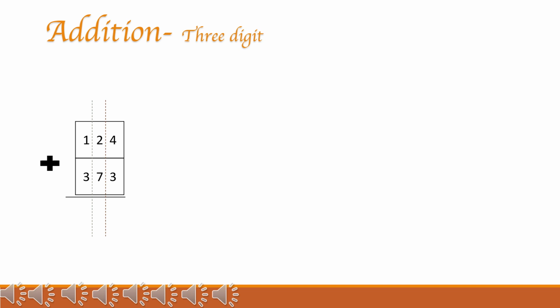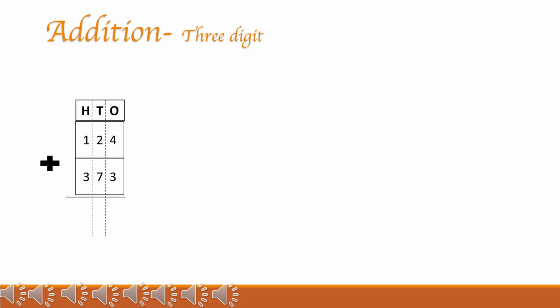For three-digit numbers, we'll align numbers as per their place value. So here we have ones place, tens place, and 100 place. What we have to add? We have to add 124 and 373.